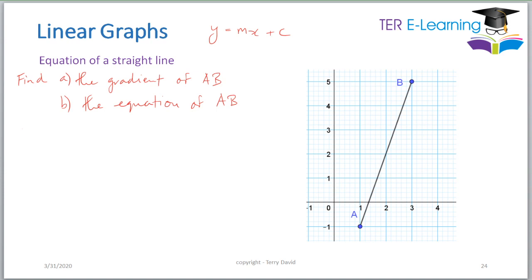Alright, so you all work out the gradient for me, and I'll work the equation of the line for you. Ciceri's got 3 for the gradient. Joshua got 5/4.